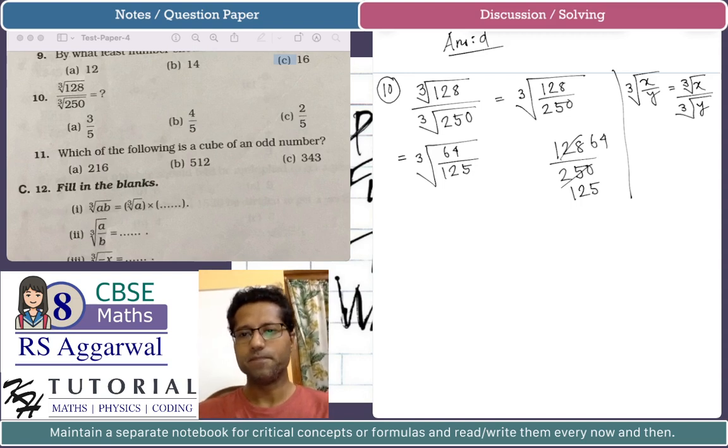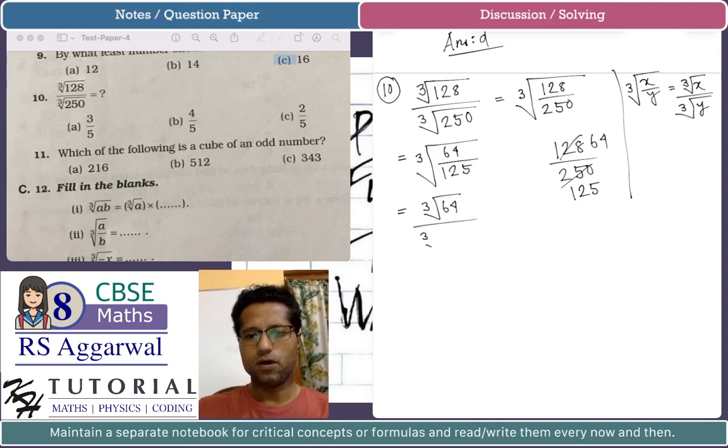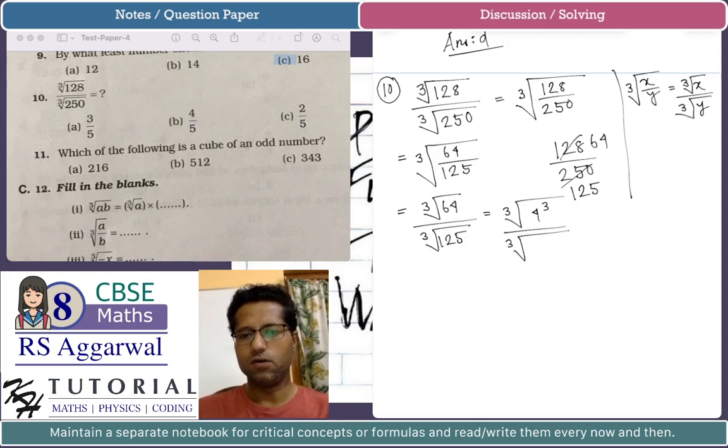Now we can see that 64 and 125 both are perfect cubes. Now again, we will rewrite this as cube root of 64 divided by cube root of 125. This is equal to cube root of 64, which we know is 4 cube, and 125, which we know is 5 cube.